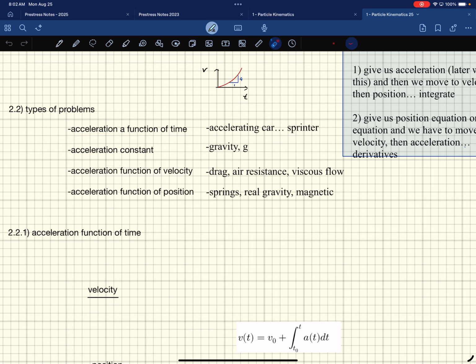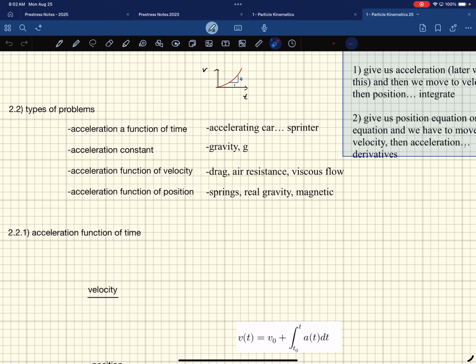And then we're going to say, well, once we get those, how do we get velocity and how do we get position? So it's going to go one of two ways. We're given acceleration and work our way towards displacement, or we're given displacement and work our way back towards acceleration. Those are a lot easier when you go that direction, because it's just taking derivatives as opposed to integrals, okay?